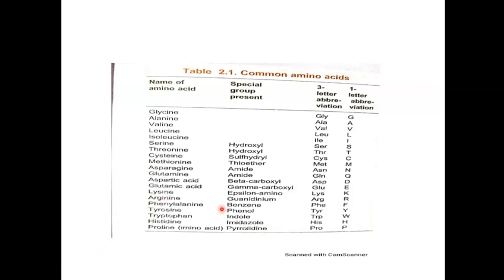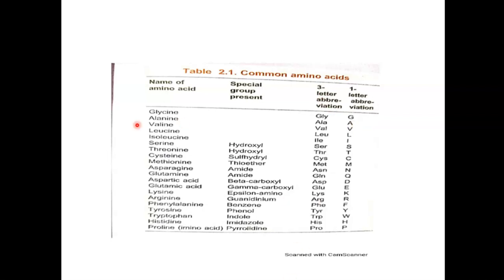Here I am giving the names of the 20 naturally occurring amino acids and their specialized groups. We know the general structure of amino acid, NH2CHRCOOH, and the R part is the special group, the side chain that contains some special group. From the last class we know there are two types of expression of amino acid, 3-letter abbreviation and 1-letter abbreviation.